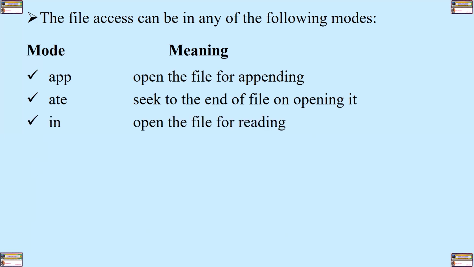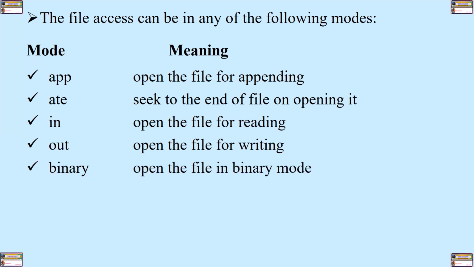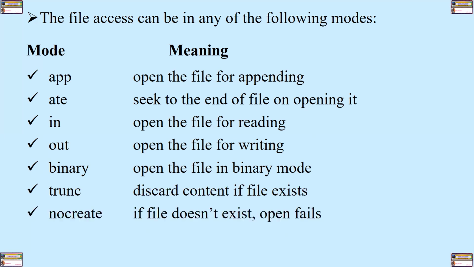In is opening the file for reading, that is in reading mode. Out is opening the file for writing. Binary is opening the file in binary mode. Trunc is discarding content, or opening a file to discard its content if that file exists.